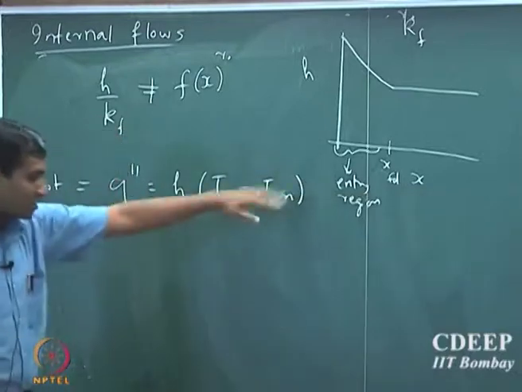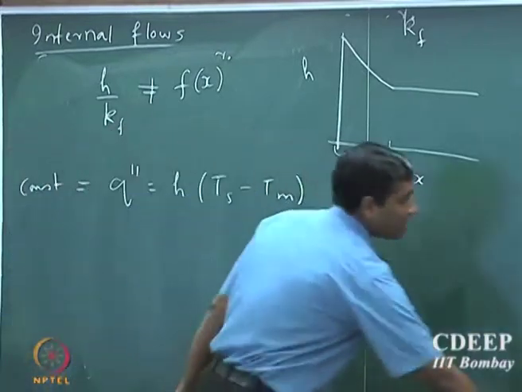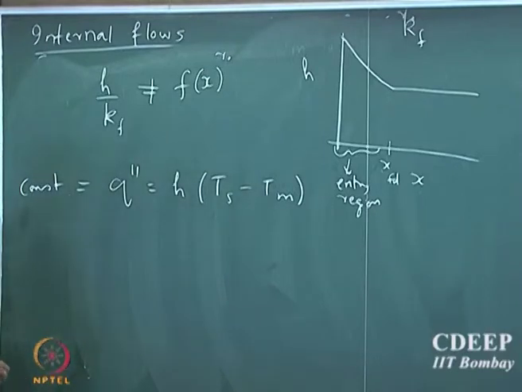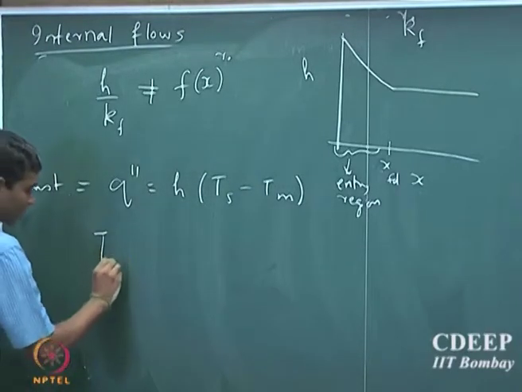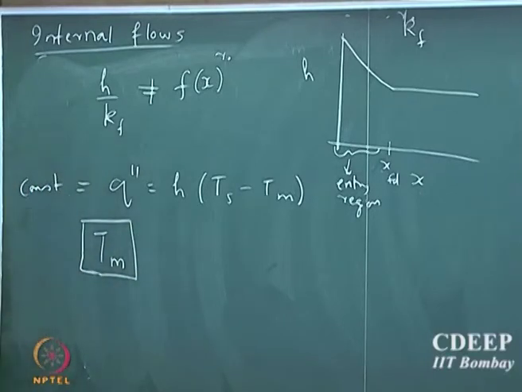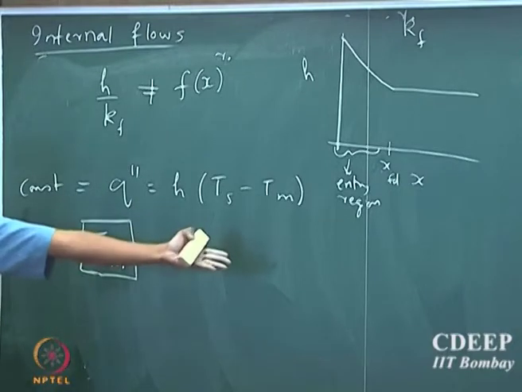Okay, we can see this in a much more rigorous way. So suppose I want to find out, so the exercise is now to really find out what is the mean temperature. Okay, so if I know the mean temperature, there are lots of things that I can actually estimate.